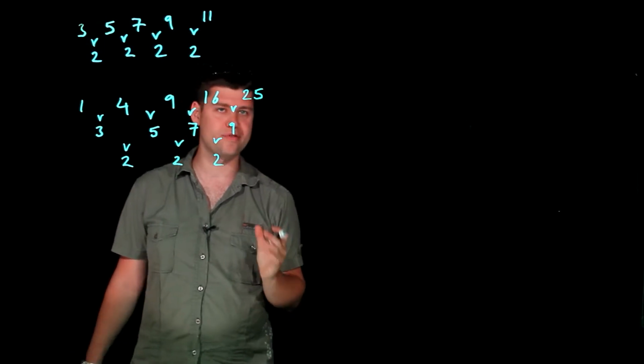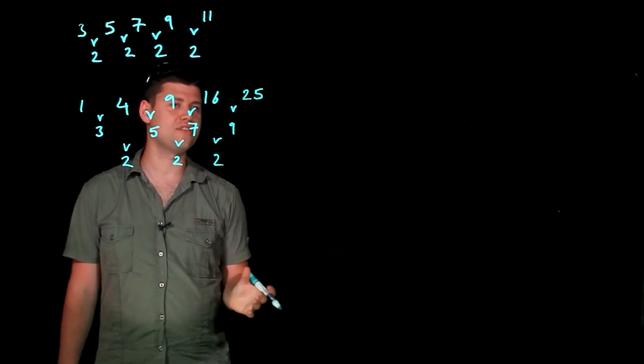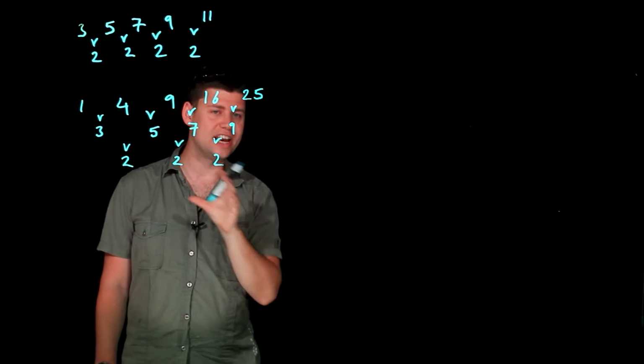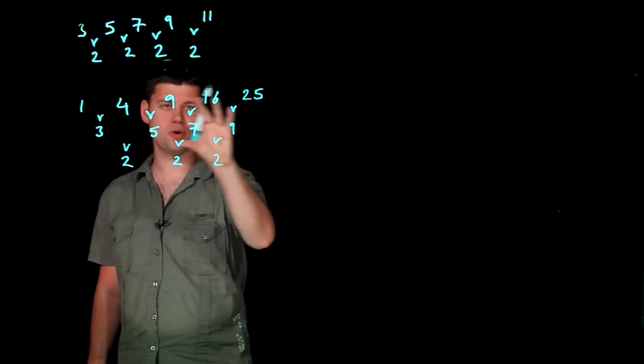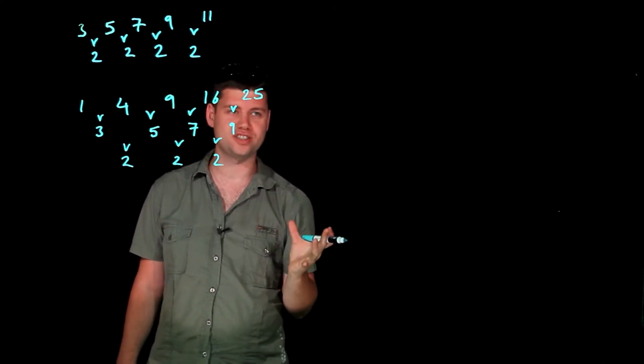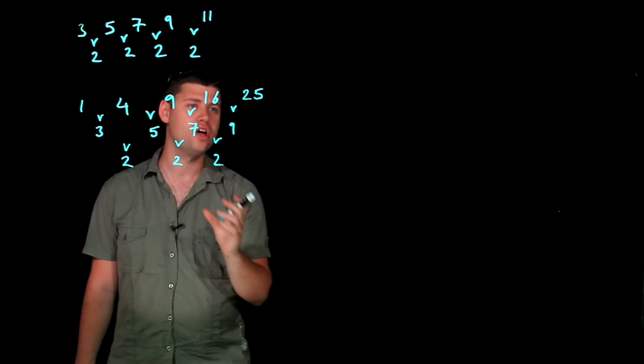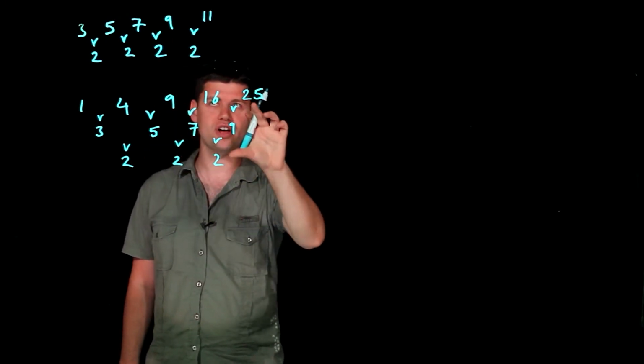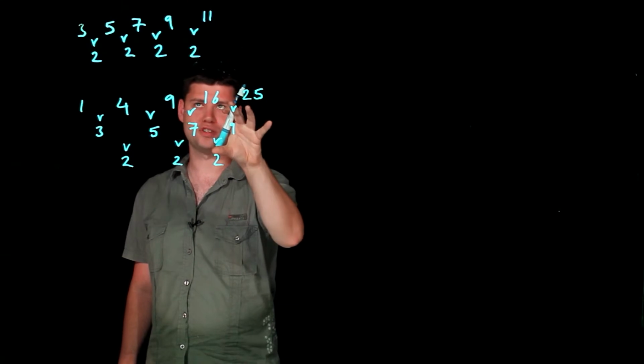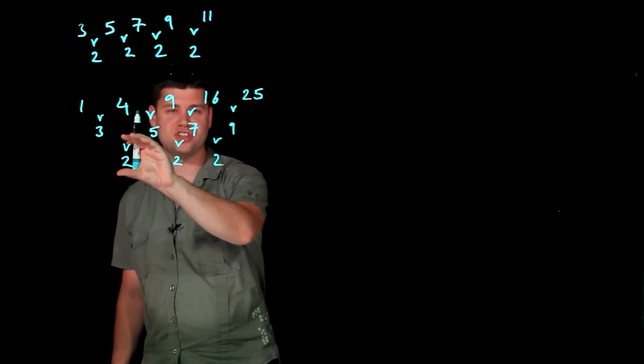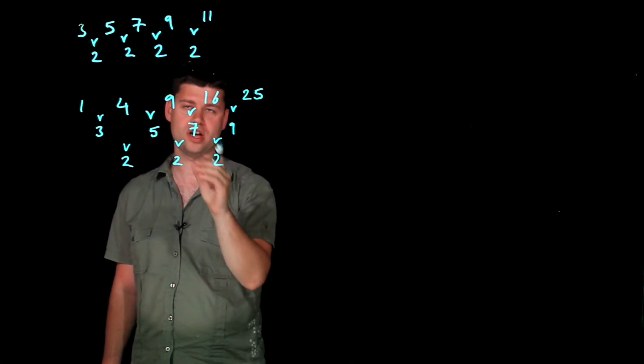And there we are, we've found the fifth term. Now as I said, this first sequence we looked at is what we call a linear sequence. This second one is what we call a quadratic sequence because there's not a consistent first difference in this one, whereas there is a consistent second difference in this sequence.